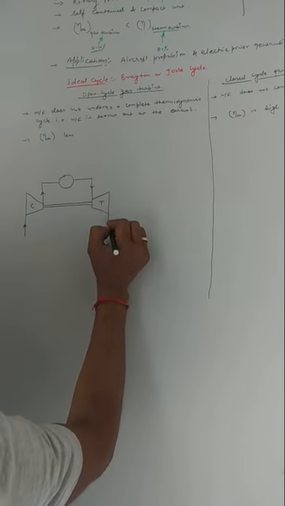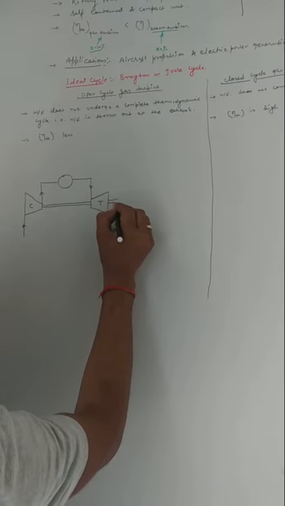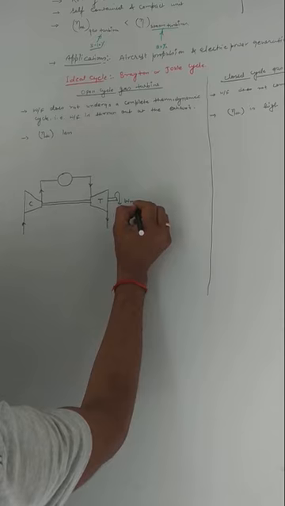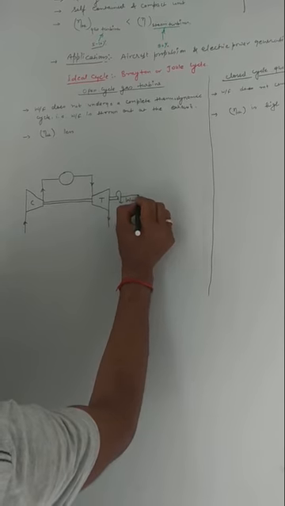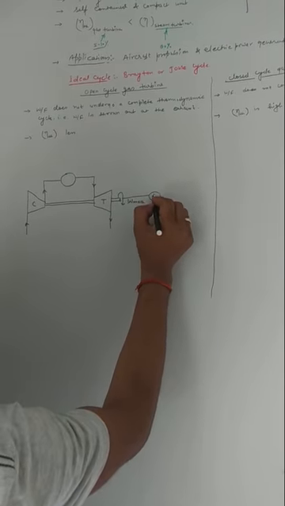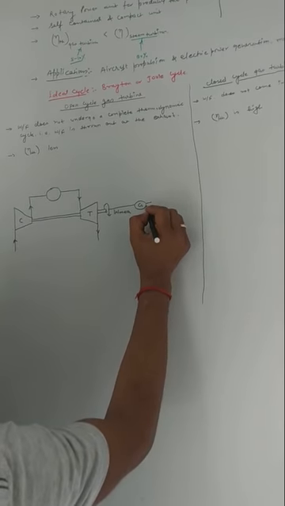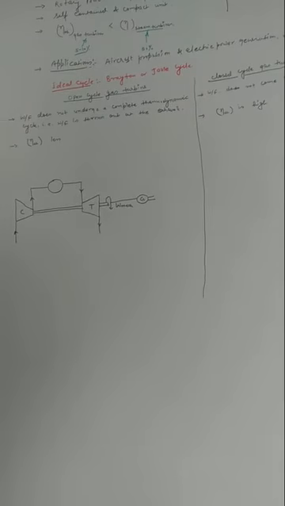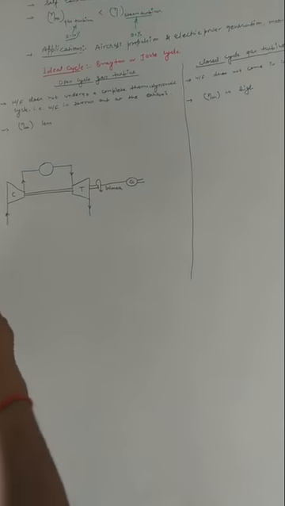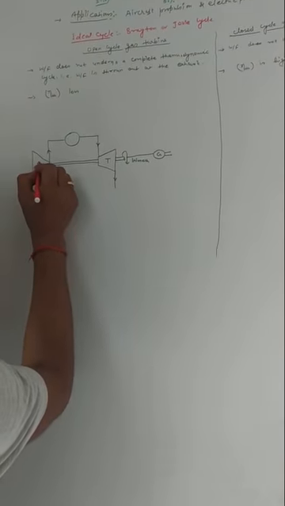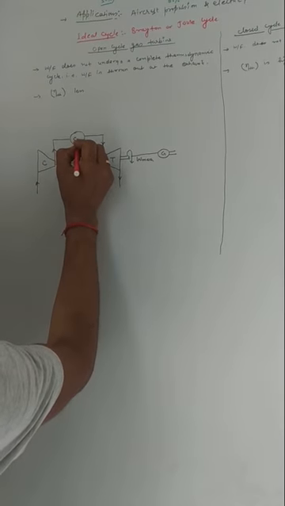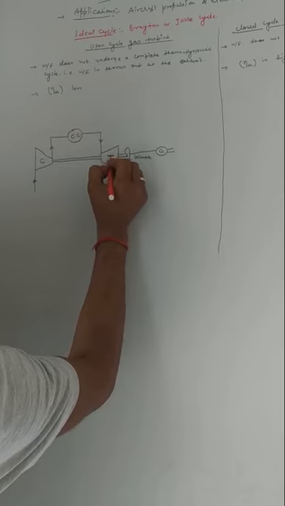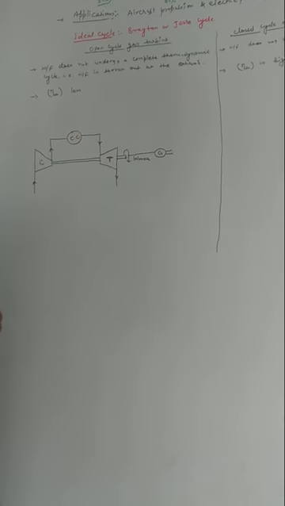This is expansion process. This is output shaft. Here we can get W mechanical. Further, this shaft is connected to the generator and we get electrical power. Okay. This is compressor. This is combustion chamber. This is turbine. Okay, this is generator.